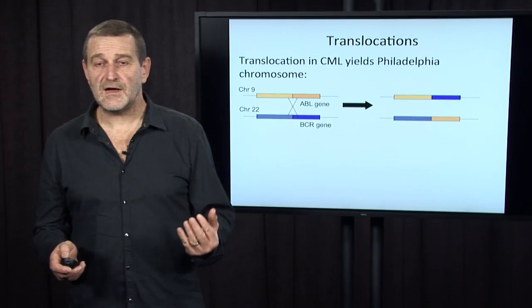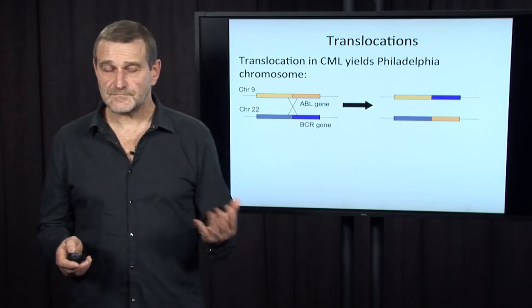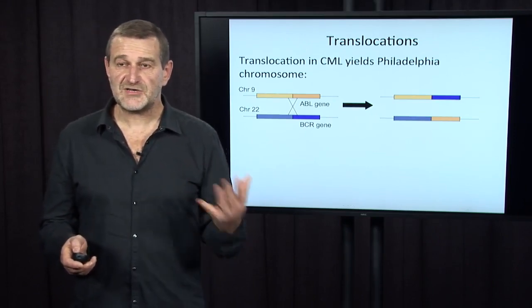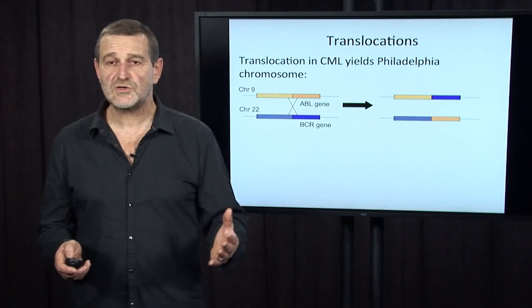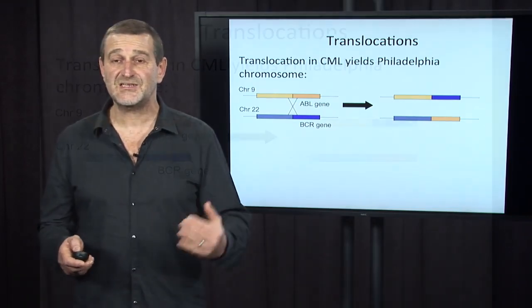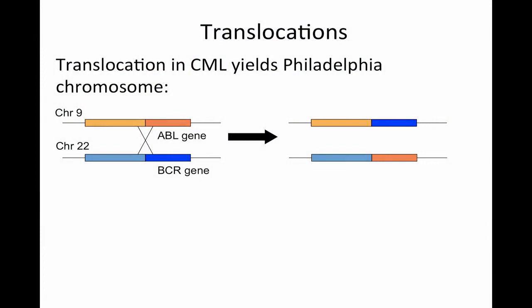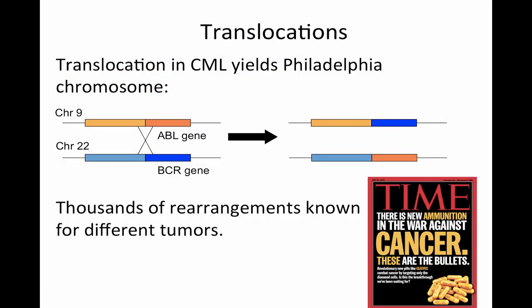So from a computational perspective, the operation that I just showed you is called translocation, and it exchanges segments of different chromosomes between each other. Thousands of different rearrangements and many translocations are known for different tumors.